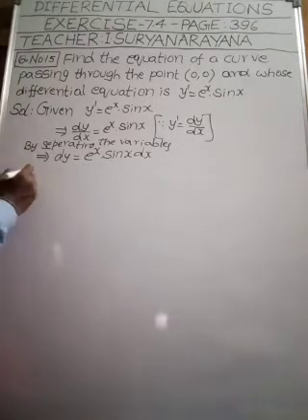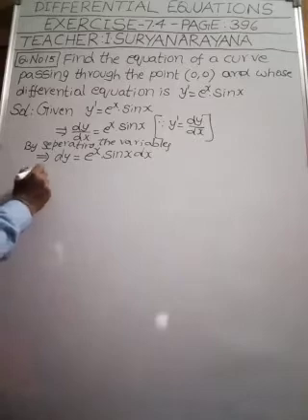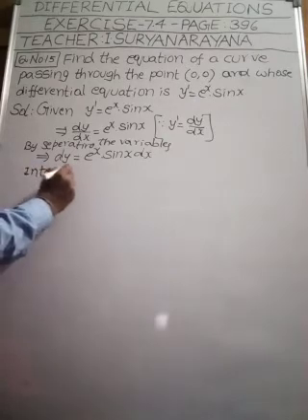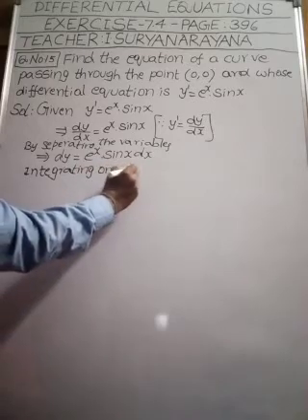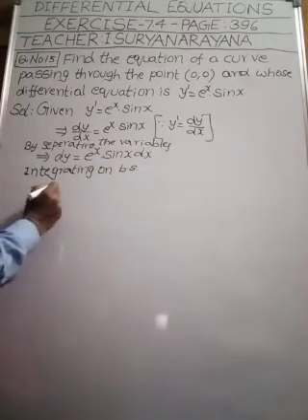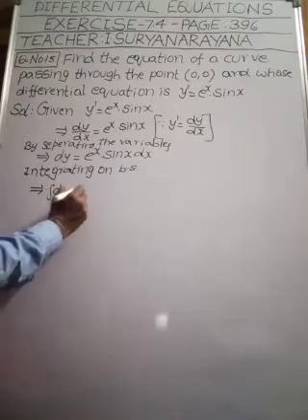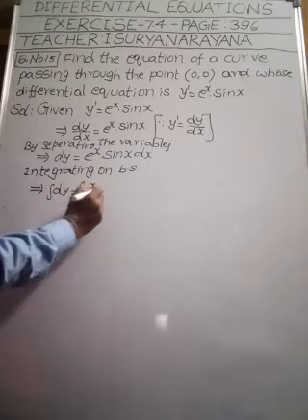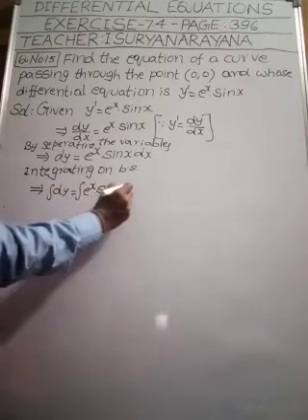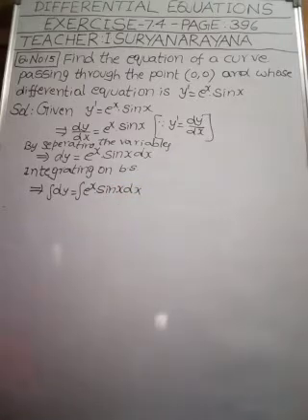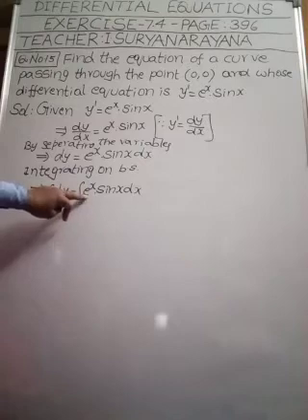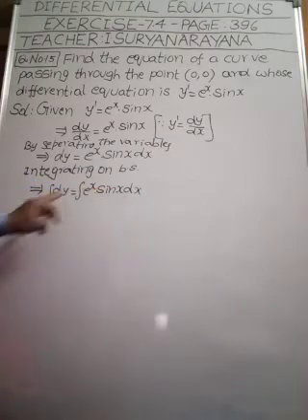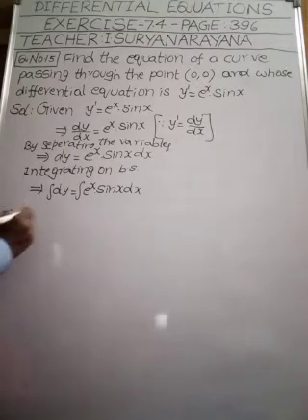Integrate on both sides. Then what will you get? Integral dy is equal to integral e power x into sin x dx. Understood this step, children? Integral dy is equal to integral e power x into sin x dx.